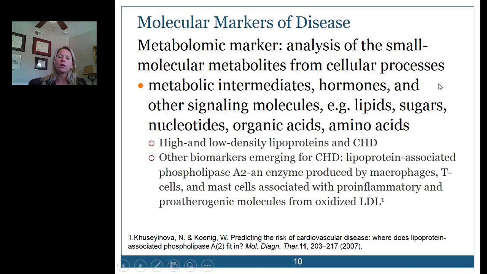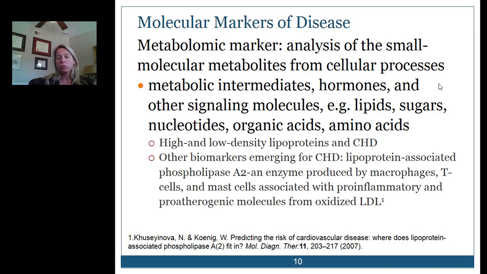The next type of molecular marker would be the metabolic or metabolomic marker. This is a marker that is basically some sort of molecular metabolite that's generated from some cellular level process. So you can have markers that are intermediates of a metabolic process.